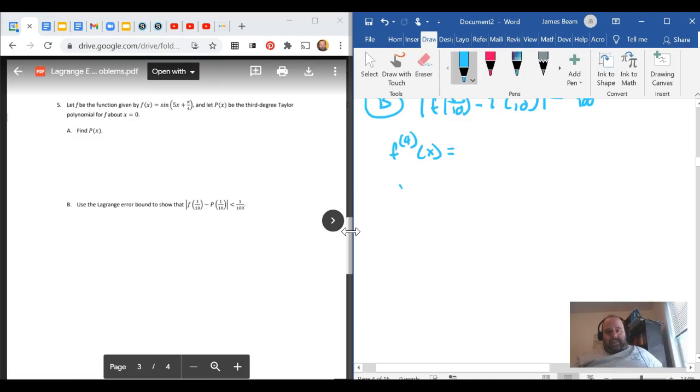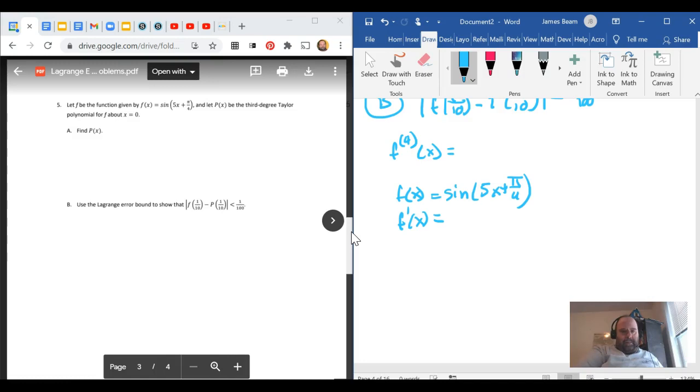Right, f of x is the sine of 5x plus pi over 4, right? So the first derivative is going to be, actually, let's check something here. I have to beat 1 over 100th, right?